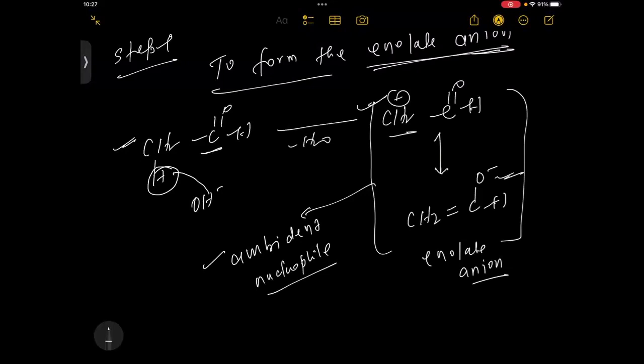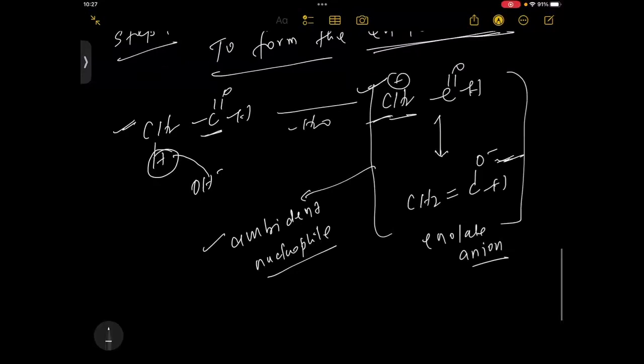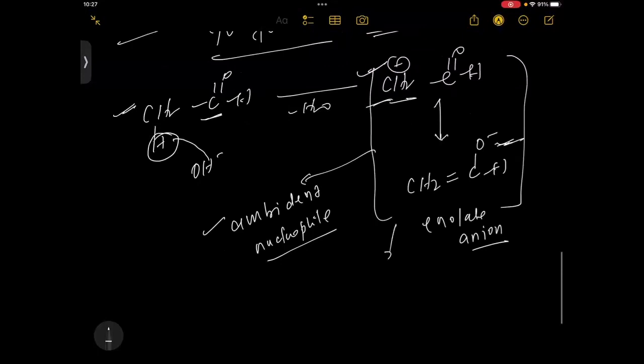Those which have two donor sites are ambident. But the point is, yes, carbon can donate electrons, but why will oxygen not donate electrons? Students, this whole process is thermodynamic, meaning you have got the enolate ion thermodynamically, the most stable enolate ion, right?